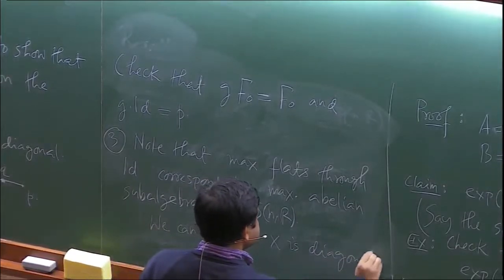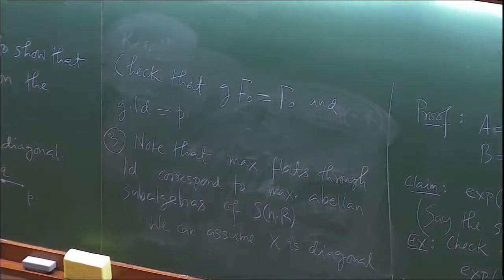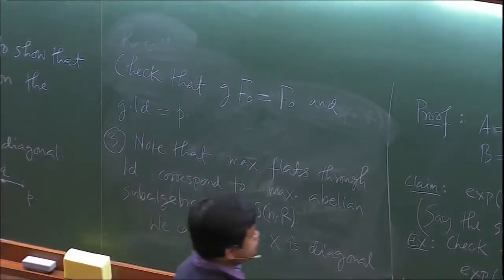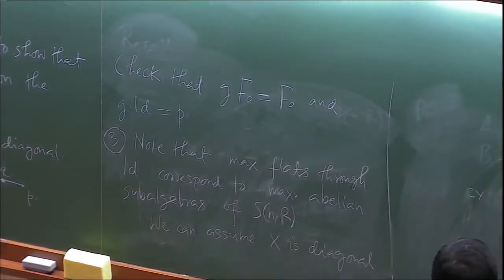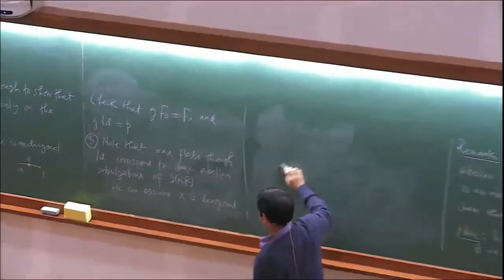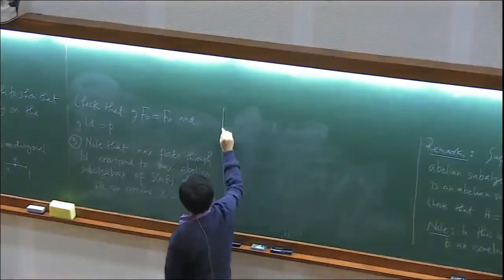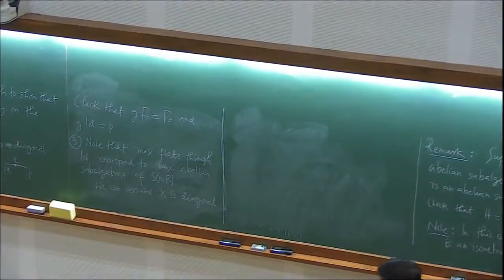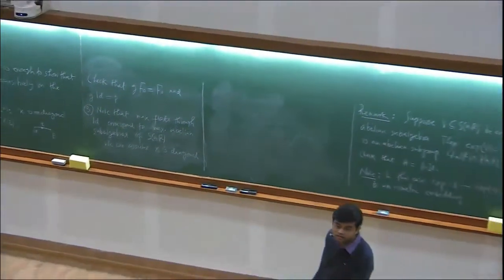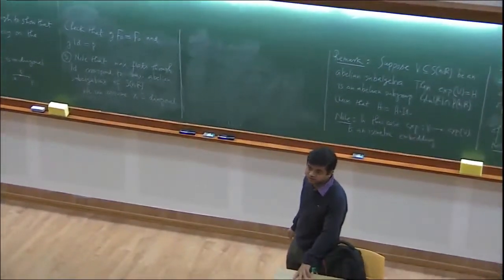So when is this algebra of diagonal matrices the only maximal abelian subalgebra of S in R containing this element X?